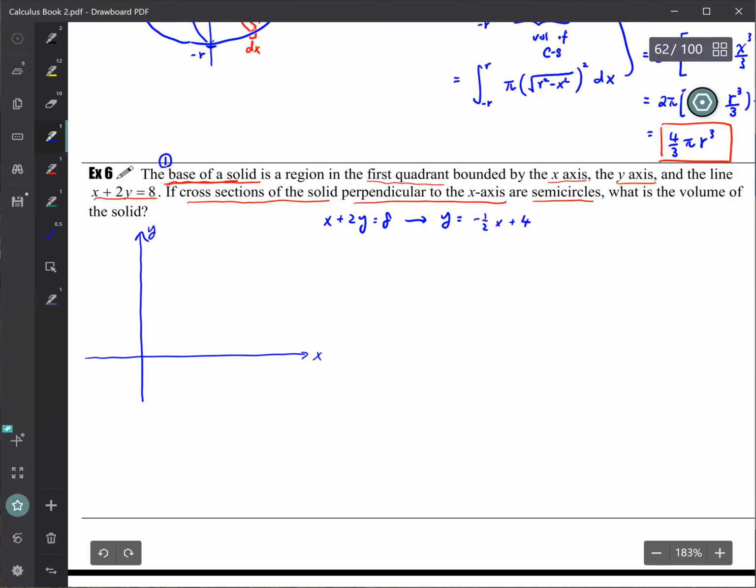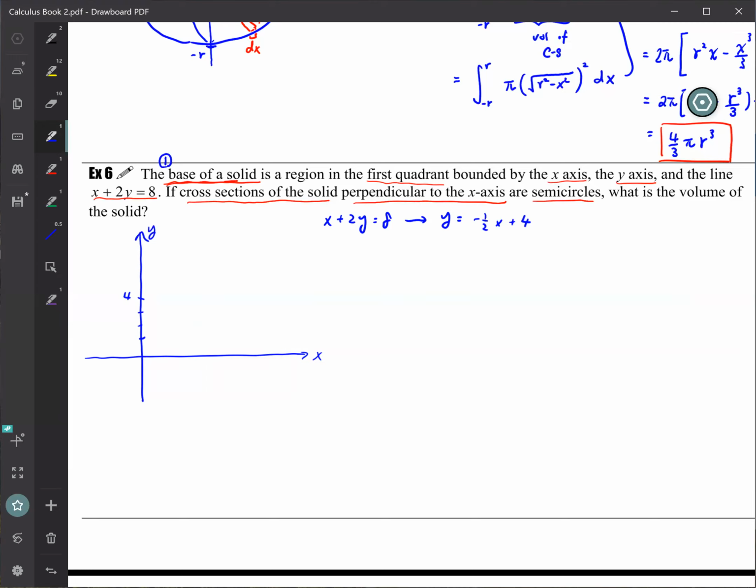So that means we have a y-intercept of 4, right? So let's draw that out. 1, 2, 3, 4. Okay, and then if I want to find x-intercept, I need to put y as 0. Okay, so what is the x-intercept?